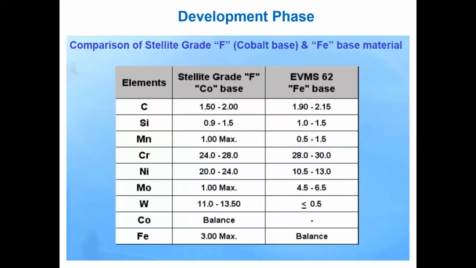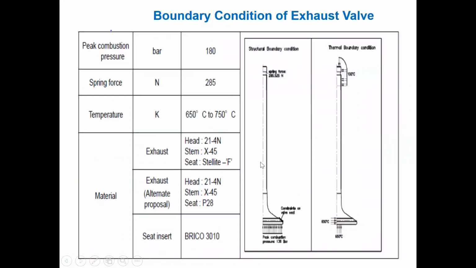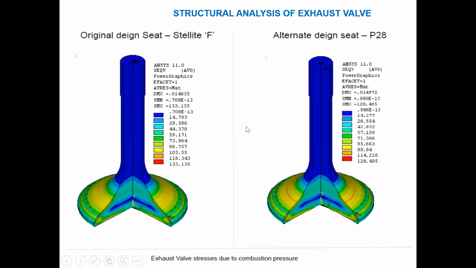So here, as I said, the idea is to change the coating. In the development phase, they considered many analyses, like the material composition. They took an analysis with respect to the existing grade and also the modified one. Initially it is cobalt hard facing alloy, and now they've gone for an iron coating. They also did FEA or simulation using the different boundary conditions required for the exhaust valve.